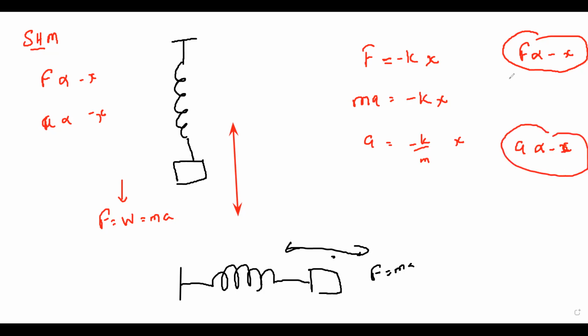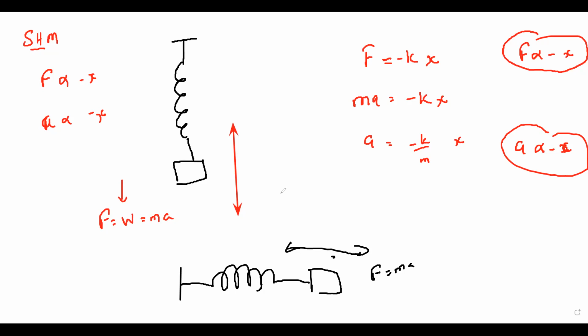So in both cases we are able to prove that force is directly proportional to displacement, or acceleration is directly proportional to displacement. And the negative sign suggests that the direction of the force or acceleration is opposite to the direction of the displacement, or it is always towards the mean position.